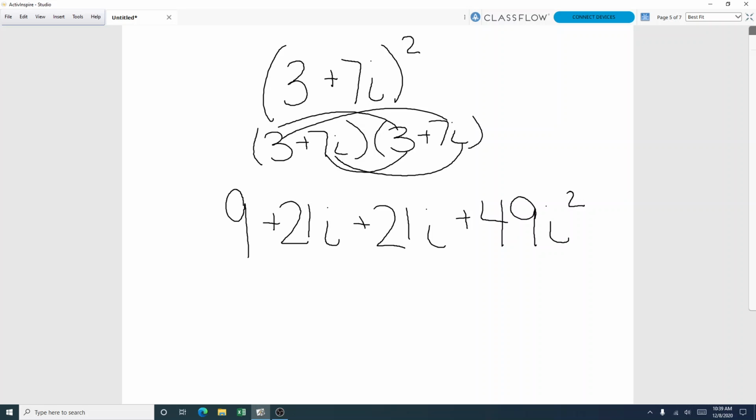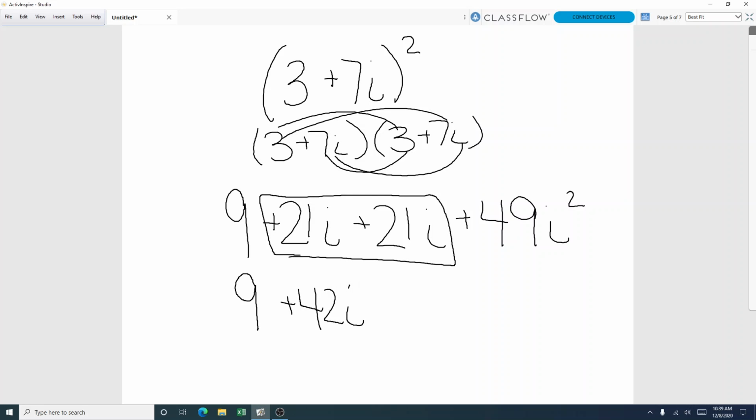All right. So, first of all, I'm going to go ahead and start rewriting this. 9. What's 21 plus 21? 42i. What do I have to change that i squared to? -1. So 49 times -1 is -49.